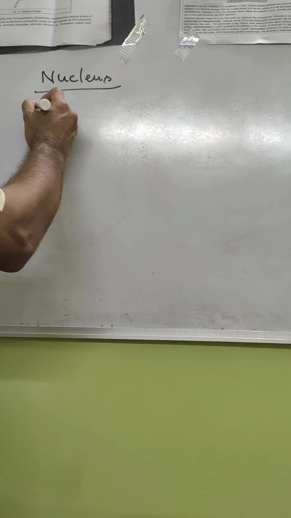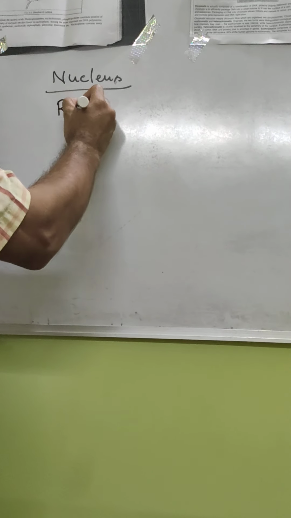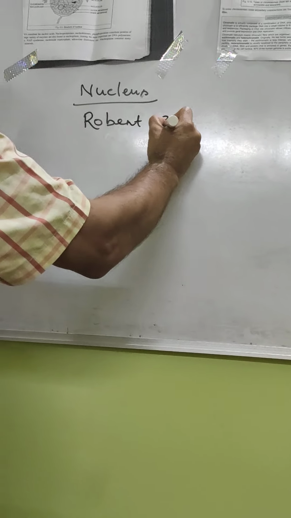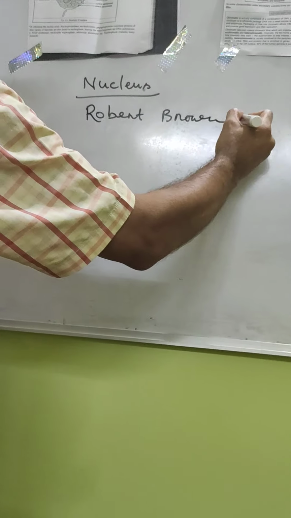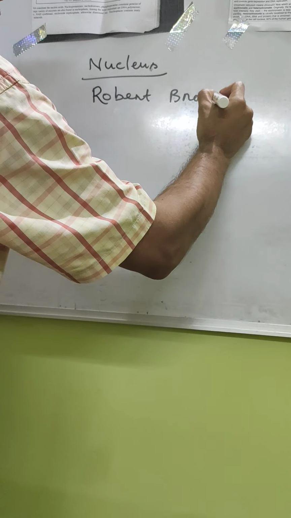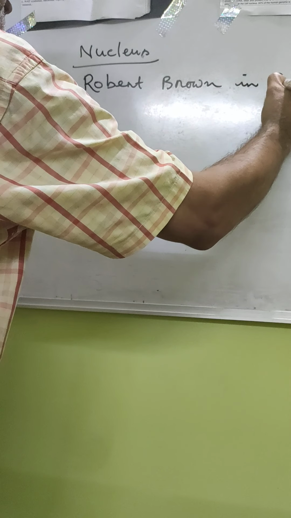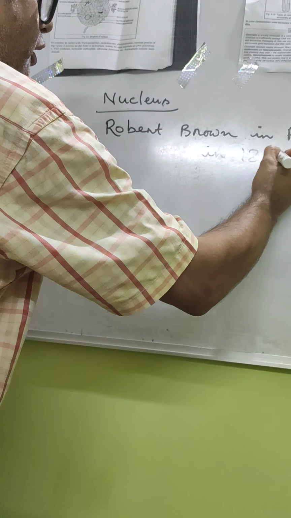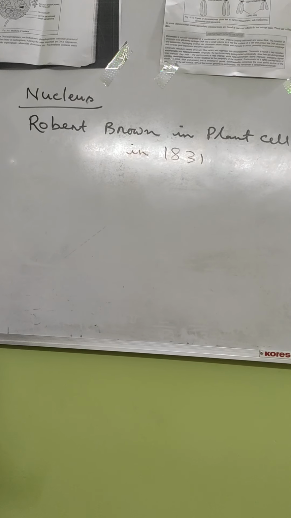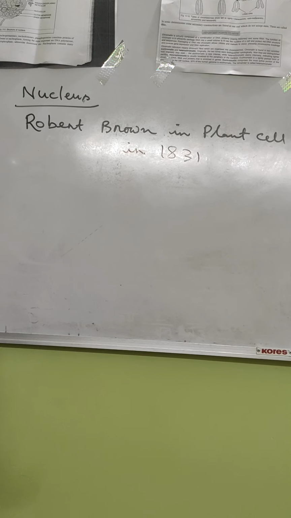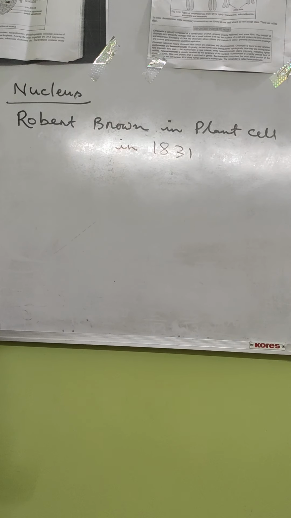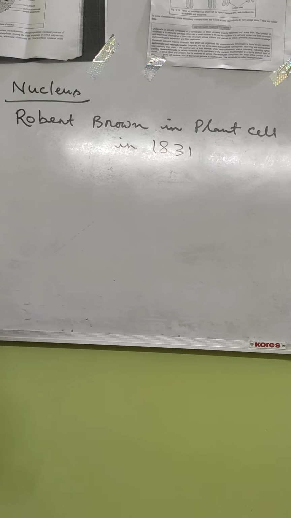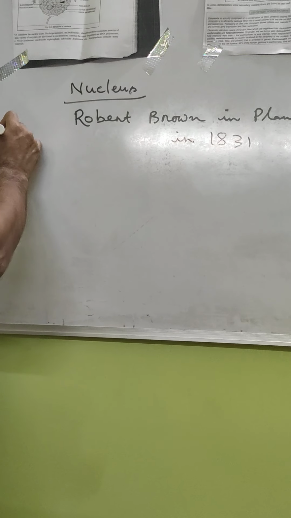The nucleus was first discovered by Robert Brown in plant cells in 1831. Nucleus is found in all types of eukaryotic cells except mature mammalian RBC and sieve tube in plants. In prokaryotic cells, the nucleus does not have any cover, and that nucleus is called nucleoid.